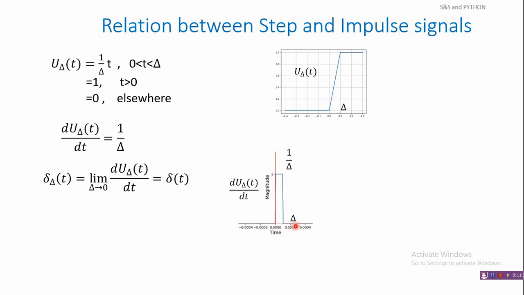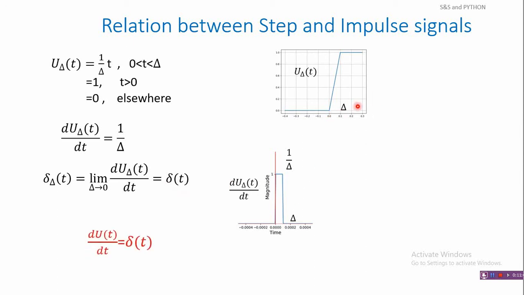In the limit as delta tends to 0, this is going to be a line of infinitesimally small width and infinite height, with area 1, which represents an impulse signal. So d by dt of u delta of t is an impulse signal. So the relation between step and impulse is that we can derive the impulse by differentiating the step signal.